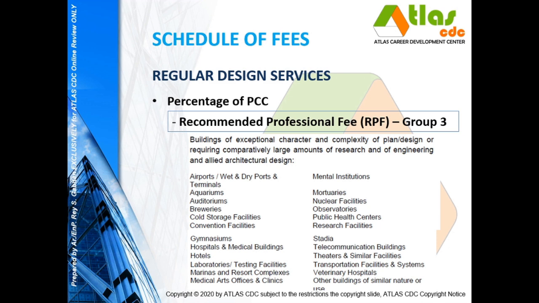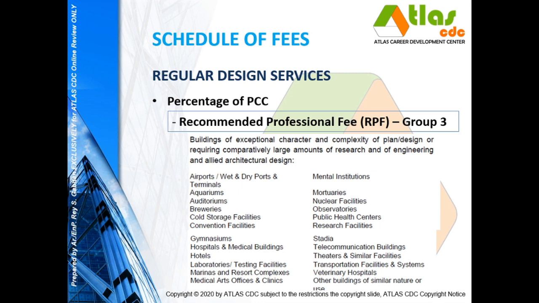So medyo marami din ito, but one way to determine whether the building is under group 3, complex building, is that the building would have a special equipment installed inside the building, no? So like hospital equipment, convention equipment, sports equipment, telecommunication equipment, etc., no?